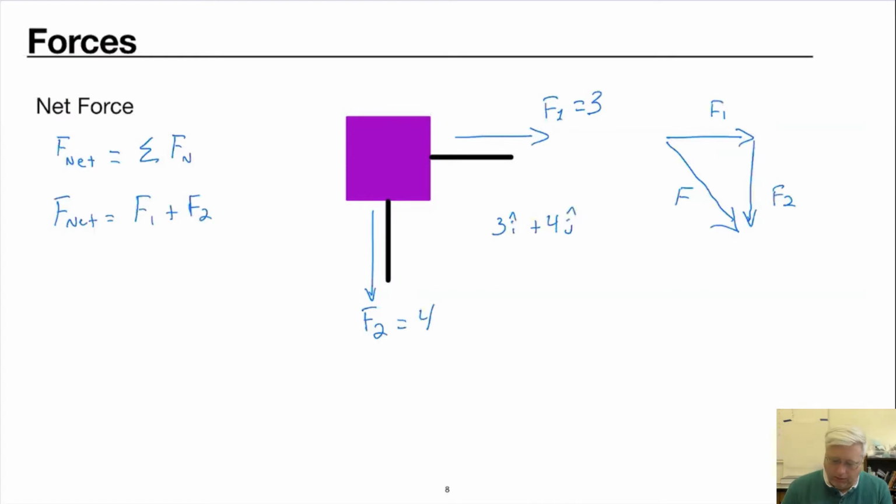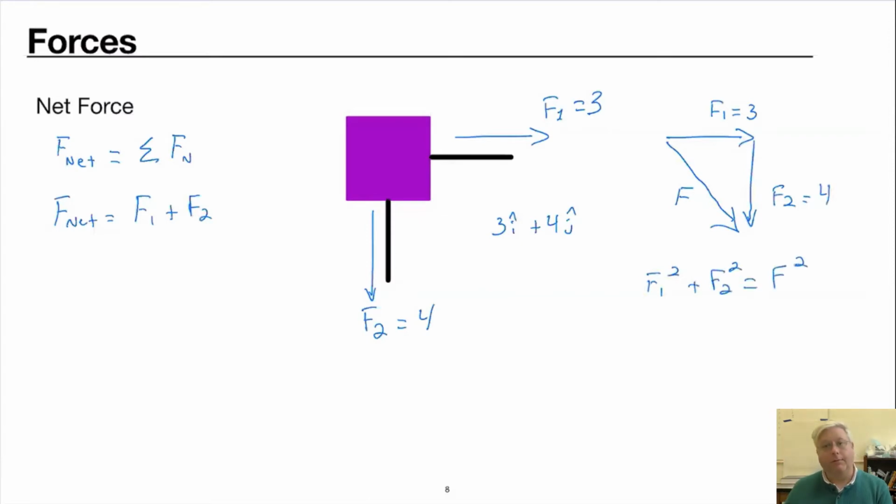Okay, or we can draw the diagram like this, where it's drawn head to tail, and we formed a nice right triangle. Then we can use the Pythagorean theorem, right? A squared plus B squared equals C squared. So F1 squared plus F2 squared equals F squared.